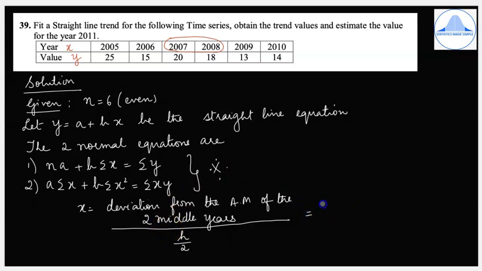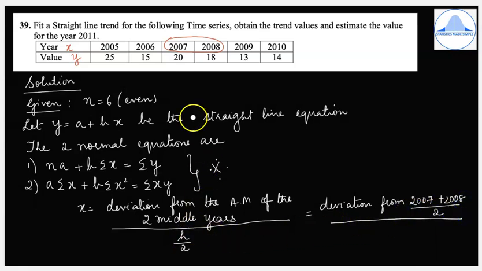So for this particular problem, it will be deviation from 2007 plus 2008 divided by 2, whole divided by h, the difference between the values, which is 1, divided by 2.